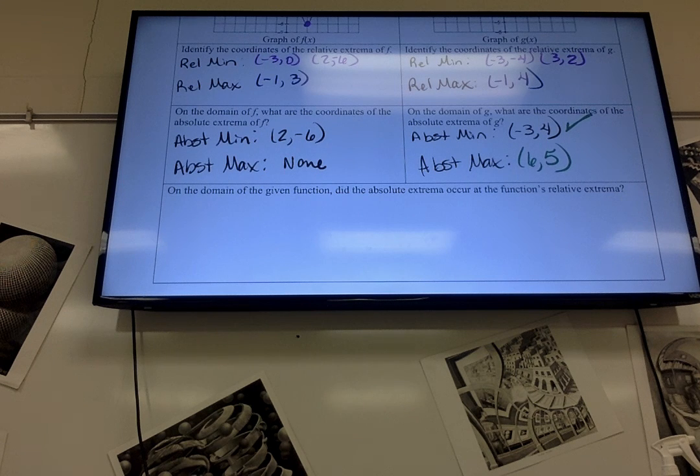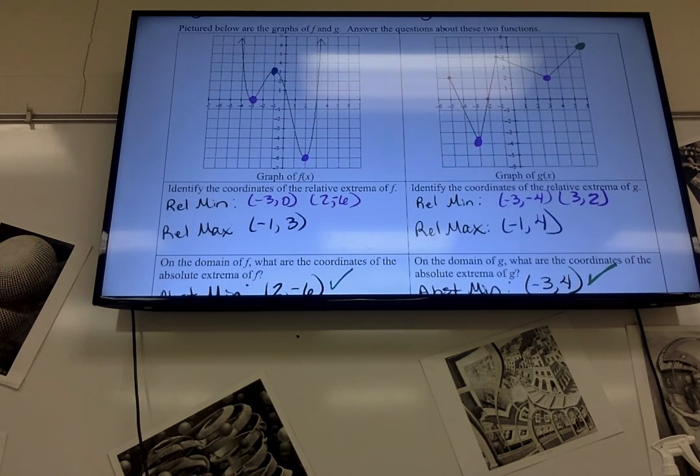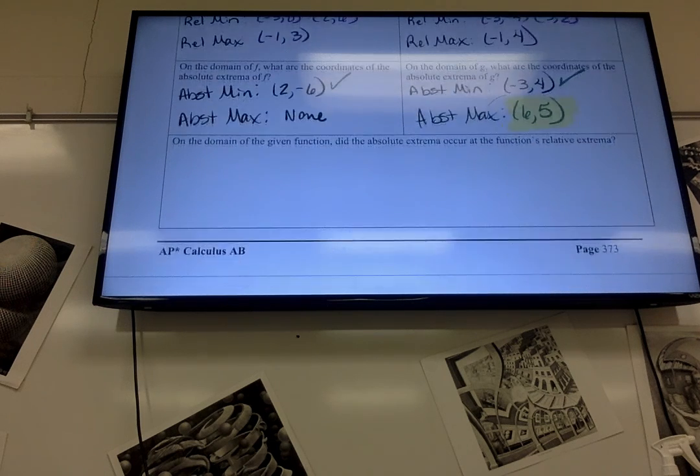Yeah, and on here it did. What about this one? No. Where did it occur here? Where was it on the graph? At the end. It was at an endpoint. That's absolutely right.